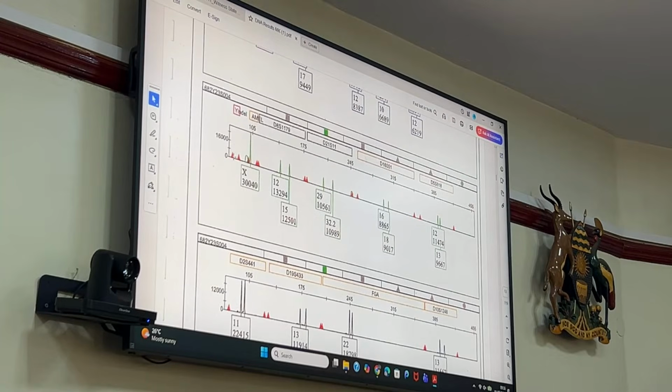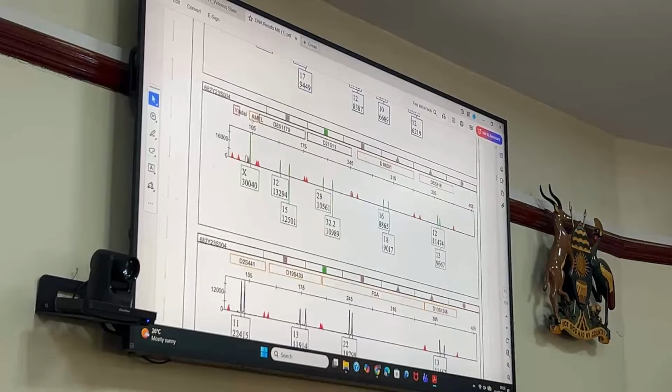Yes, the red markers are purely demonstrating the boundaries of each of the areas. So on the first location, the two red markers represent the two boundaries of the Y-indel. Am I right to say that? That's correct. So if there was DNA from a male present, there would be a piece of information within these red markers.